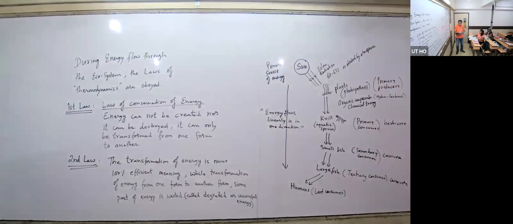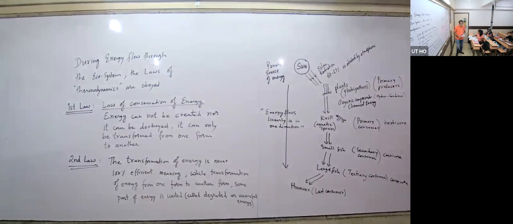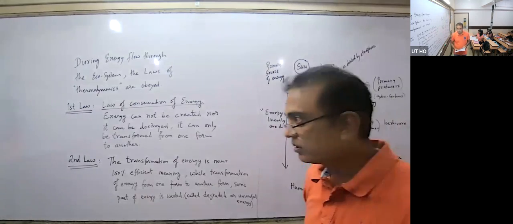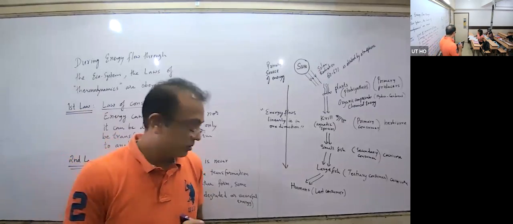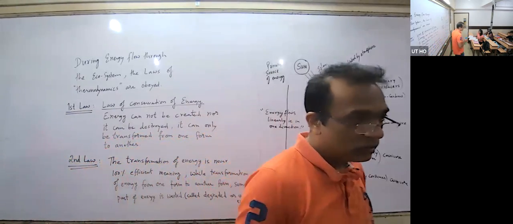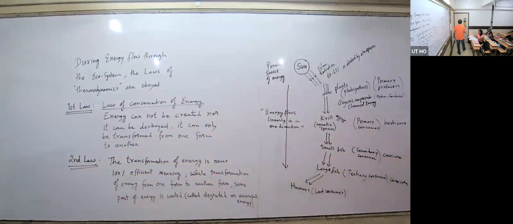So this is it for unit B. Now we'll move on to unit C, which is sources of energy. If anybody has any questions here? Take this question of energy flow.